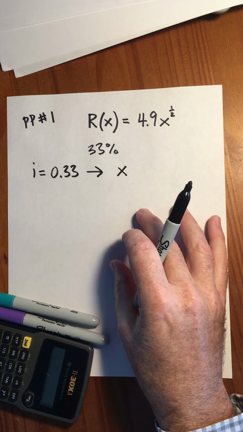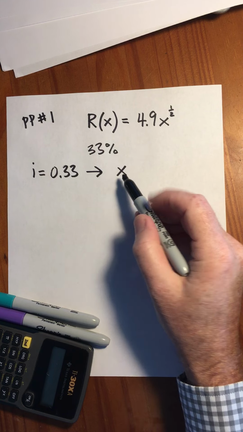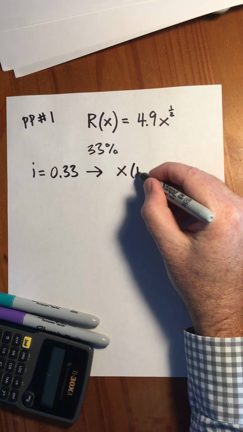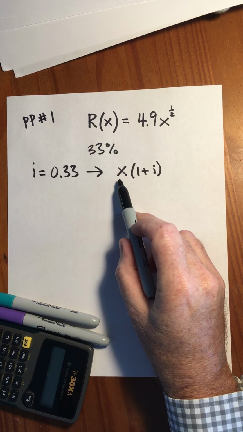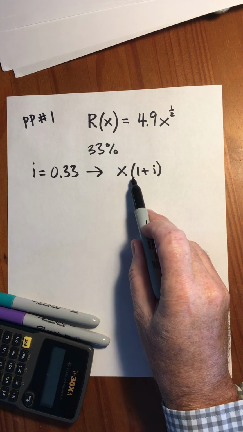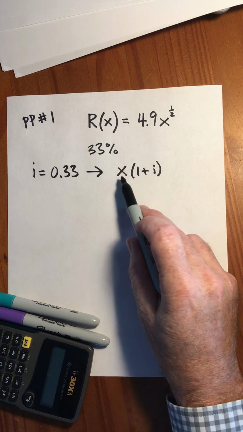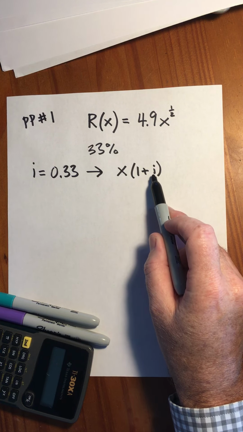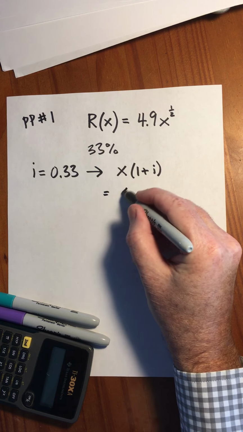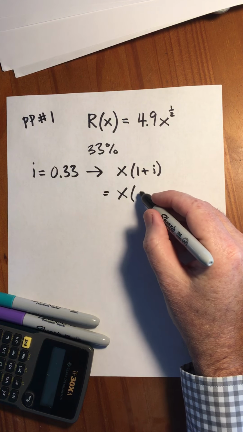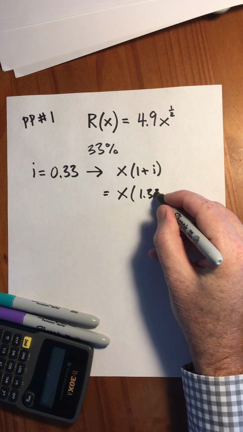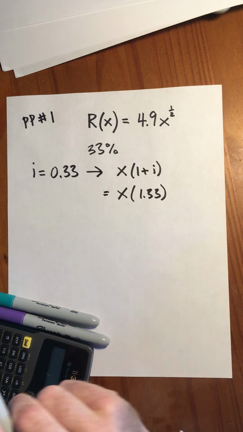That's how they make money, right? So I'm going to multiply X by this factor 1 plus i, which is 1 plus interest. If I distribute that, I'm paying back X, and I'm paying back X times i. The interest rate is 0.33, so 1 plus 0.33 gives me 1.33. That'll be my loan repayment.